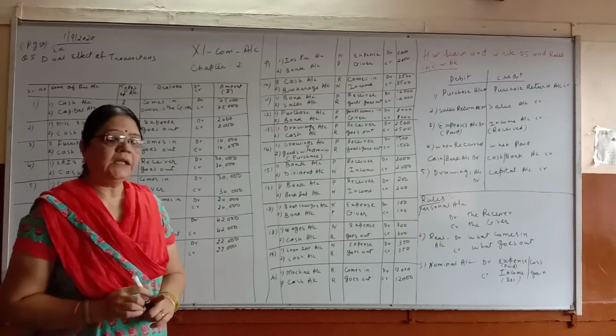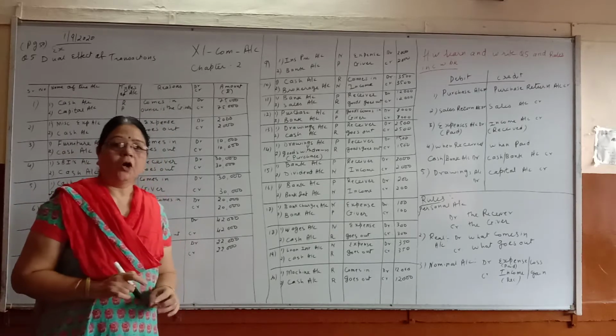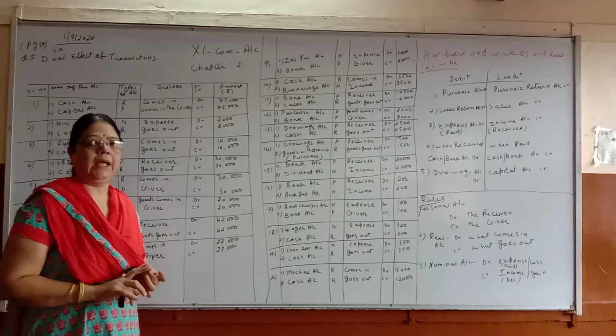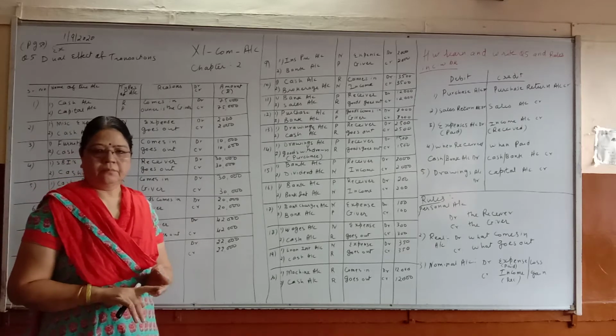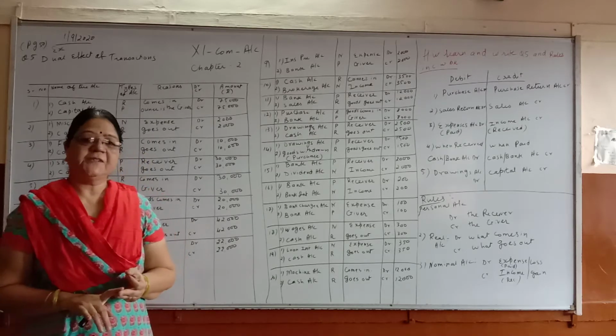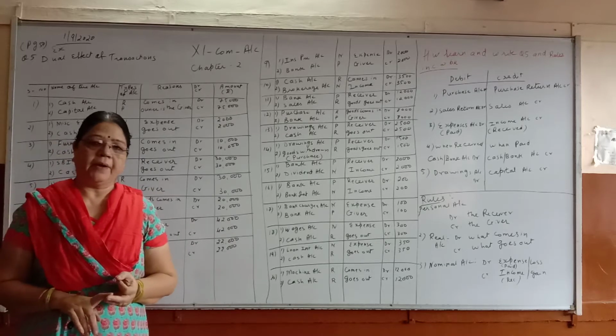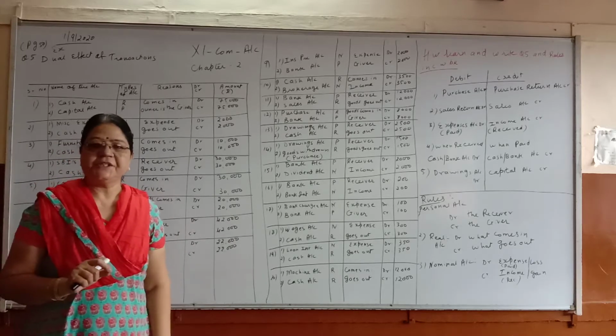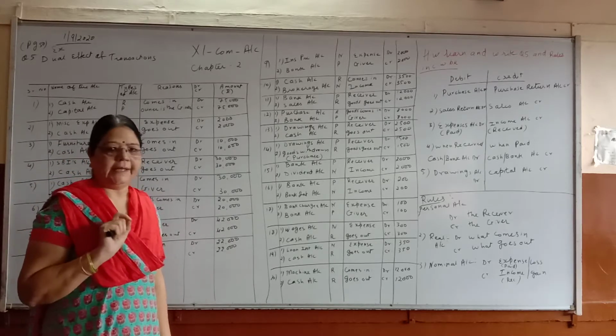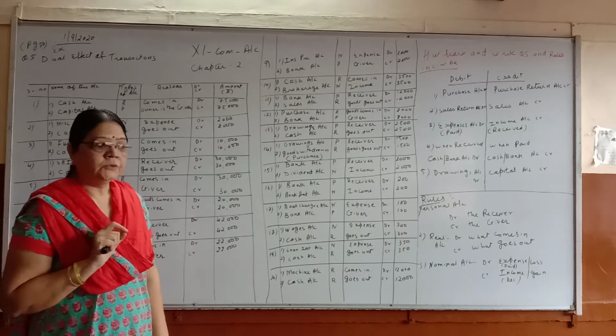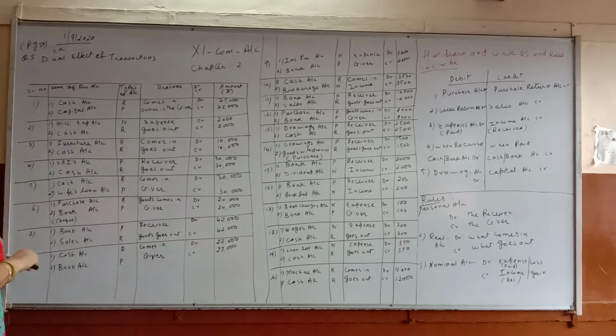Also, we have seen the rules of personal, real and nominal. Also, we have studied how to identify whether the transaction is cash or credit. So here today we will do question 5th, in the same way as we worked out question 4th.